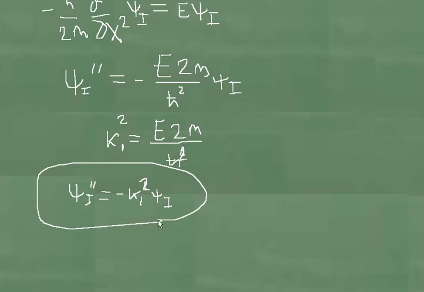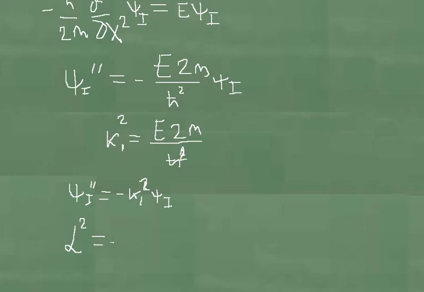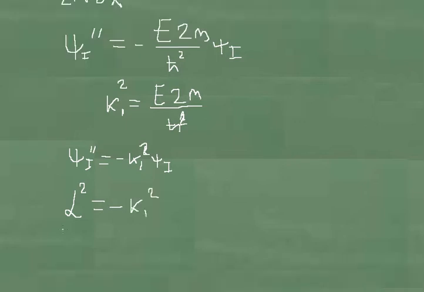Okay, we have written the differential equation. How could it be solved? Very simple. Let's use the usual method: alpha quadrat is equal to minus k1 square, and the solution can be written in the following form.